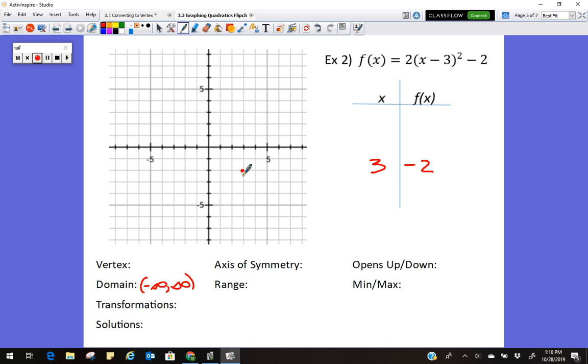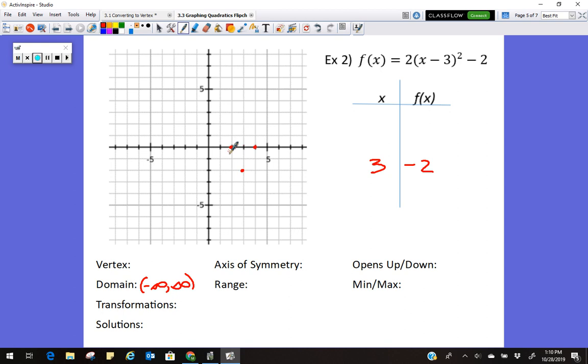Now, ordinarily we would go over 1 and up 1, but since this has a factor of 2 in the front, you go over 1 and up 2.